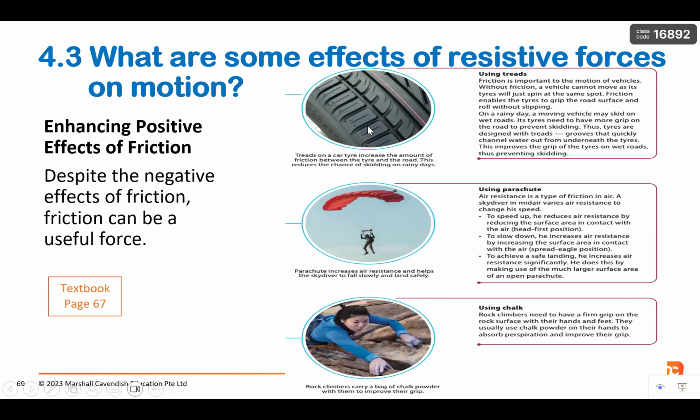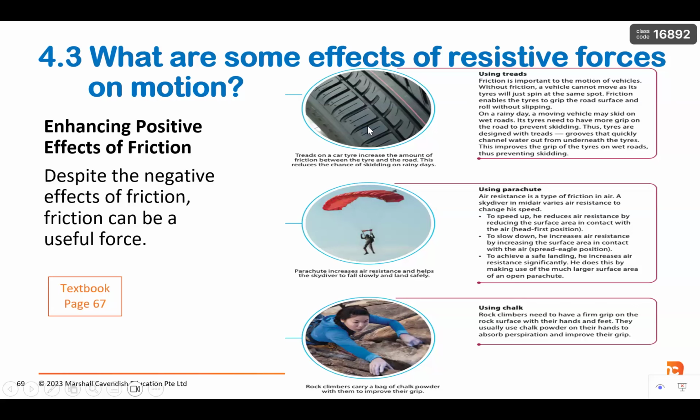Next, we also make use of air resistance whenever a parachutist is jumping off an aircraft. Whenever you open the parachute, the air resistance increases significantly. By changing the area of the parachute, we can vary the air resistance acting on the parachutist.